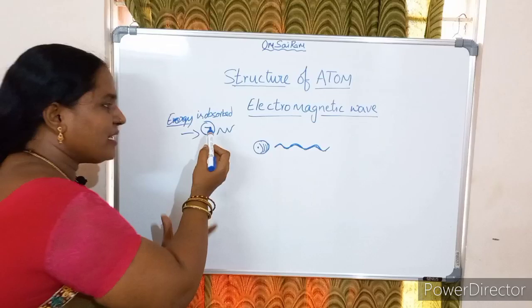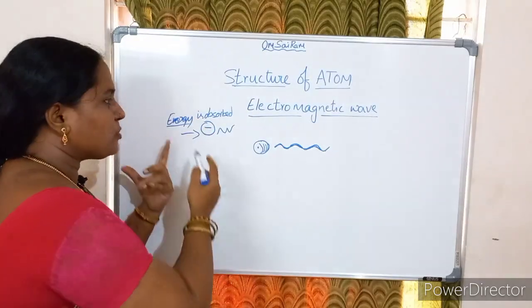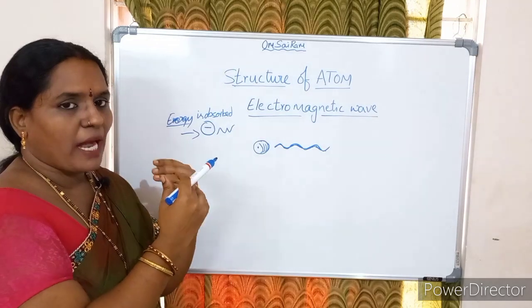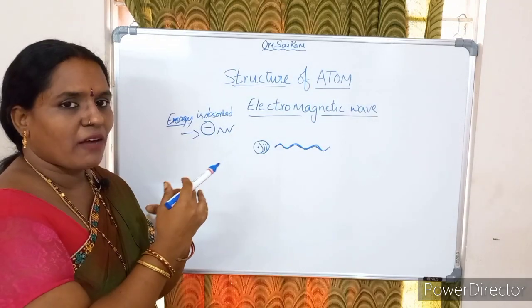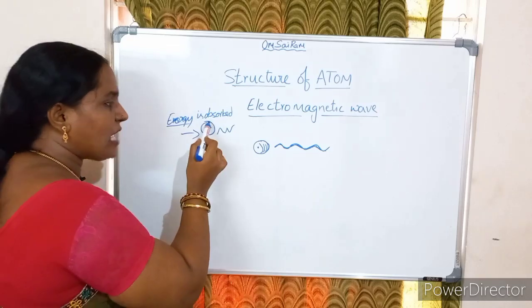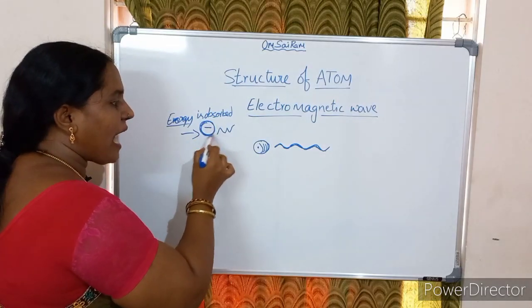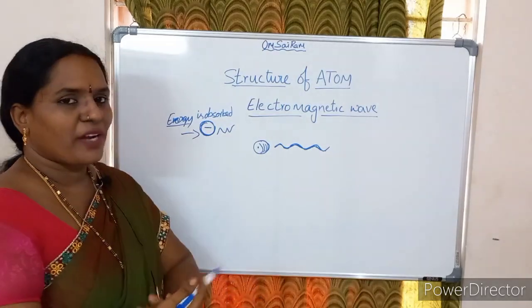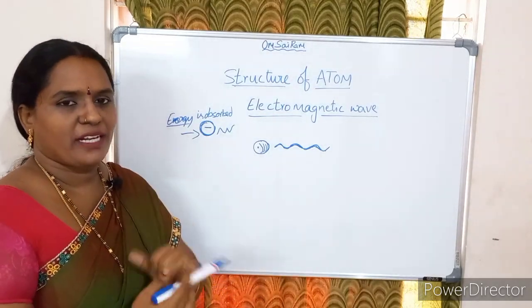When the atoms in the sun absorb heat energy, the electrons present in those atoms, which are charged particles, get excited and vibrated.